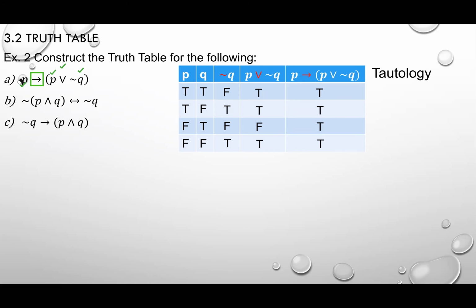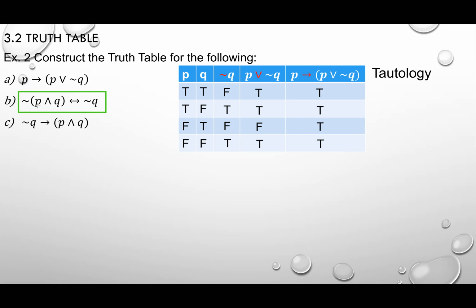For now, our goal is: if we give you this item, can you navigate your way to construct the truth table? And to navigate anything, just take one step at a time.